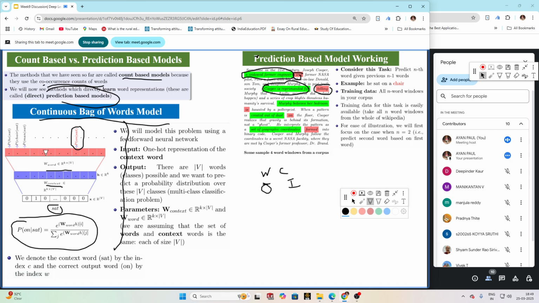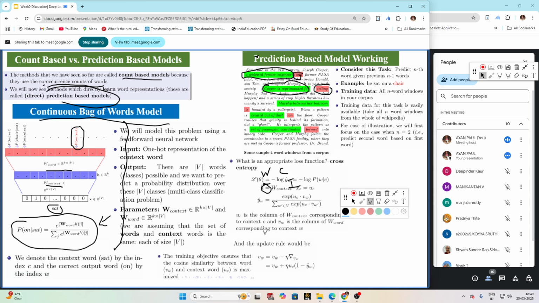Whenever we have a classification problem, the output function we use is the softmax function. This is the formula of the softmax function. And the loss we use is the cross entropy loss.